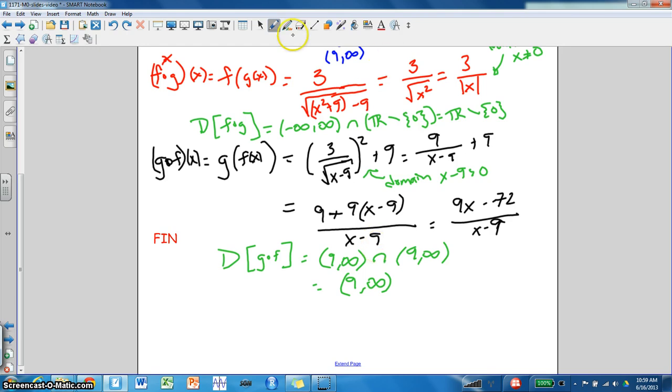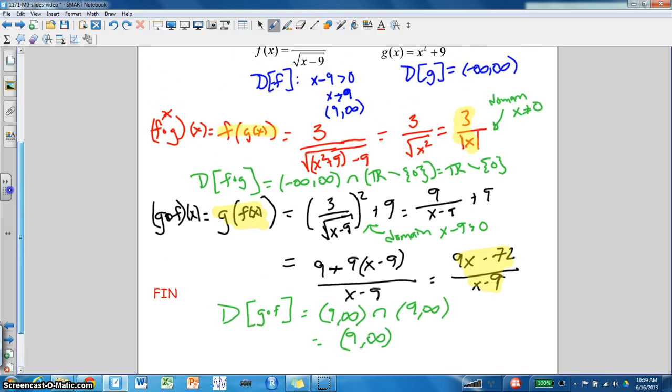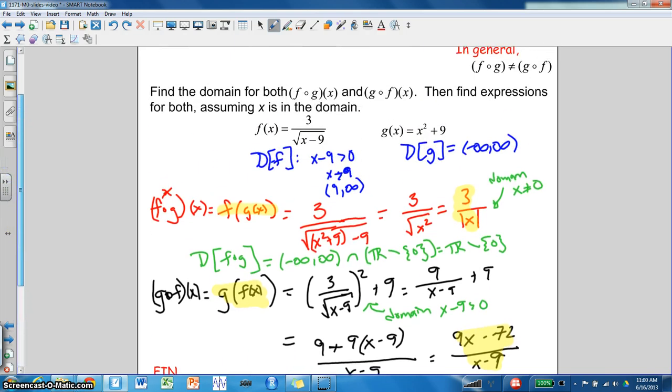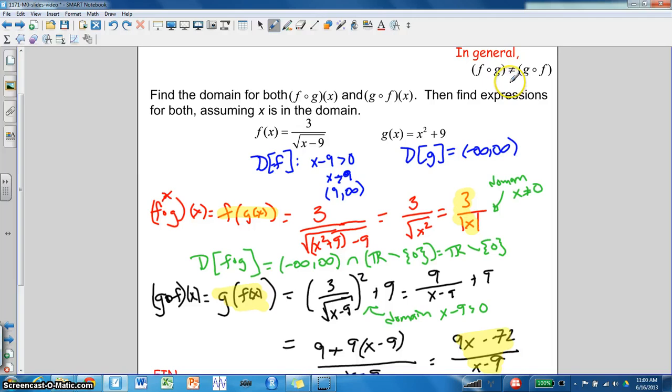Okay, so that's how you do compositions in short, but I also want to illustrate that f of g of x was this, and g of f of x was this. So in general, again, the two orders are not equal. Okay, so that's a quick demonstration on composition of functions.